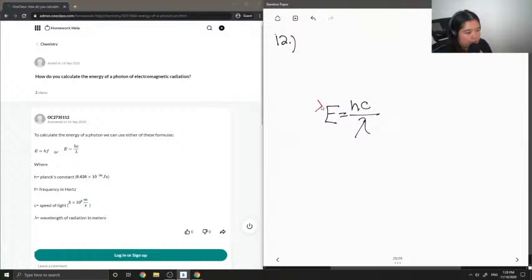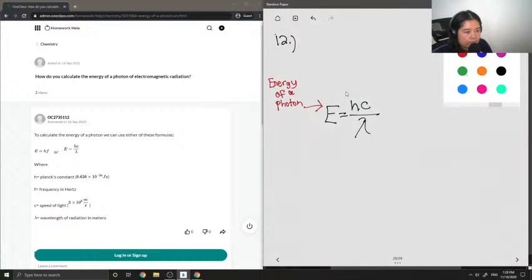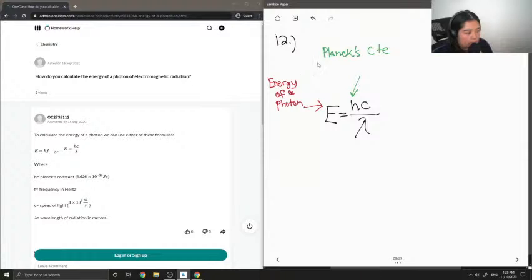Okay, so as you can guess, E is the energy of the photon. H is actually Planck's constant, and its value is 6.626 times 10 to the negative 34 joules times seconds.